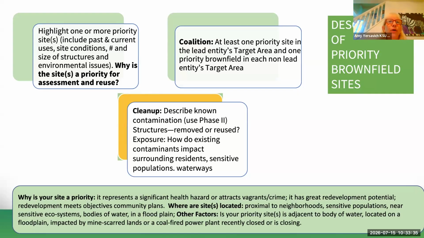Again, I'll talk about this tomorrow, like the downfall of having too many target areas or too many priority brownfields. Things get mixed up and it's harder to read. So you want to just focus on a handful or a few really good priorities. And I think Kim Steigerwald has some other information and advice regarding this, so I'll pass it on to her.